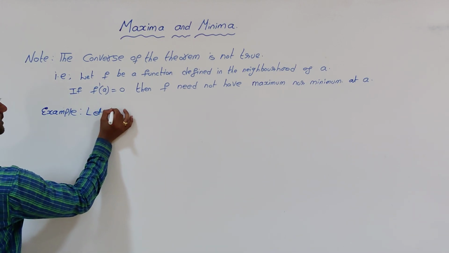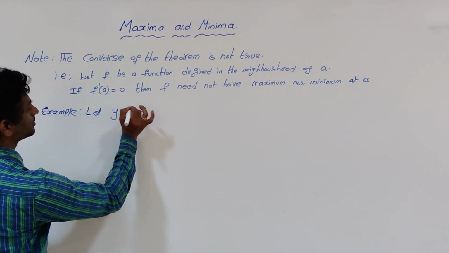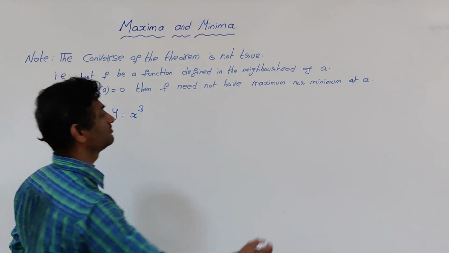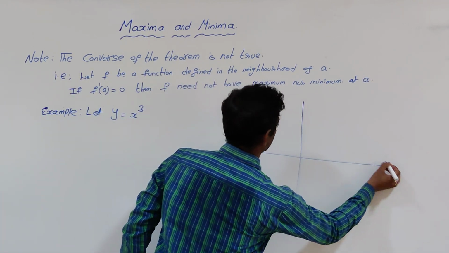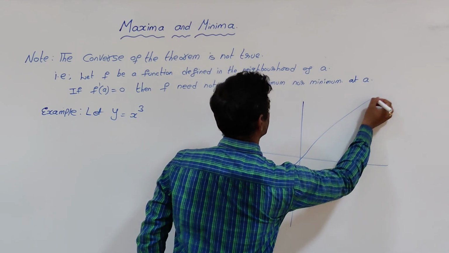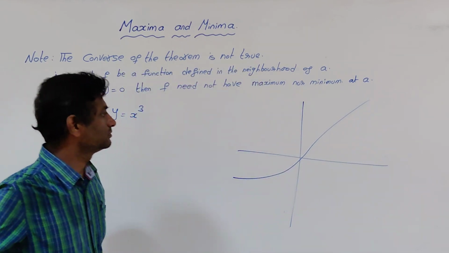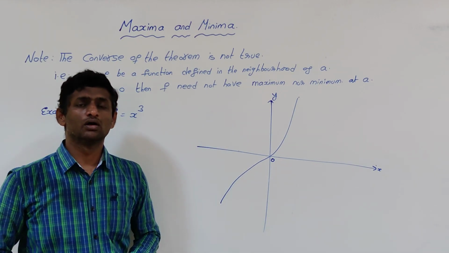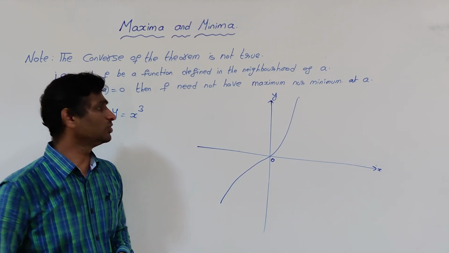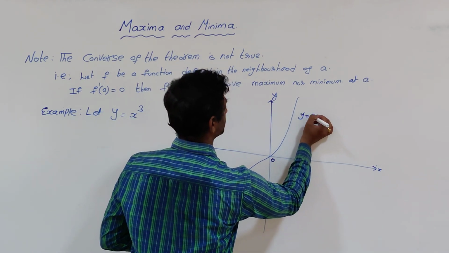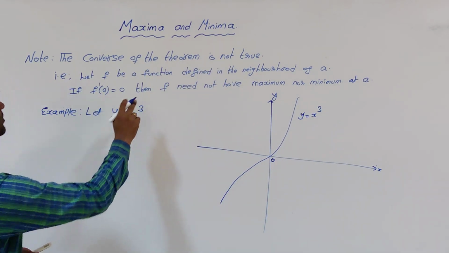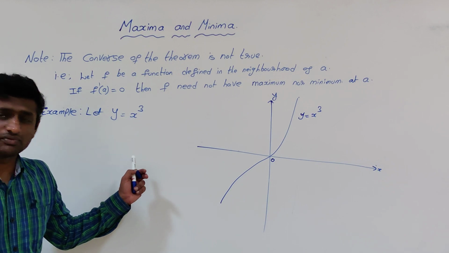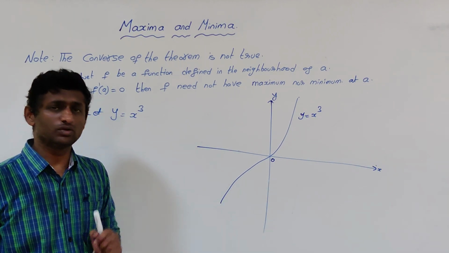Let y is equal to x cube. As we know how the graph will be, this is the graph of the function y is equal to x cube. First we will find out at what point of the curve the derivative is 0.